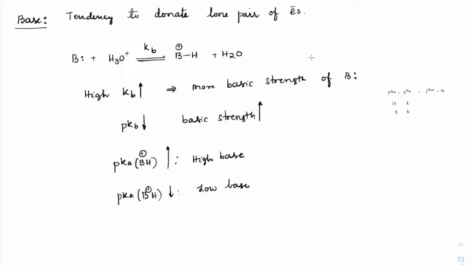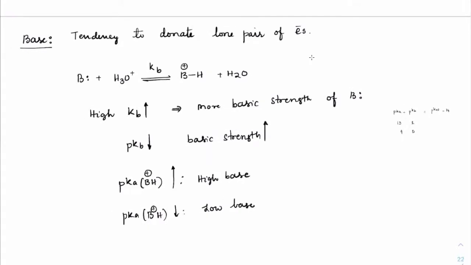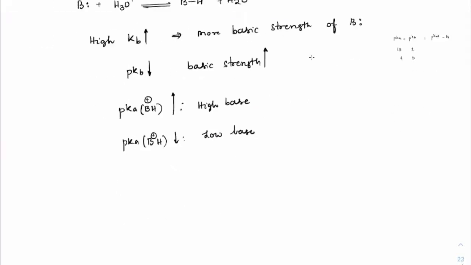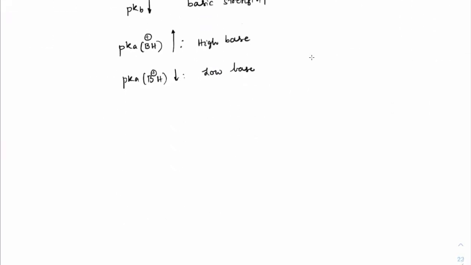Everyone, is that clear? Since we have been talking about acidic character all through with pKa values, we are making pKa a single scale for both acids and bases. Okay, students? So pKa is used as a single scale for both.